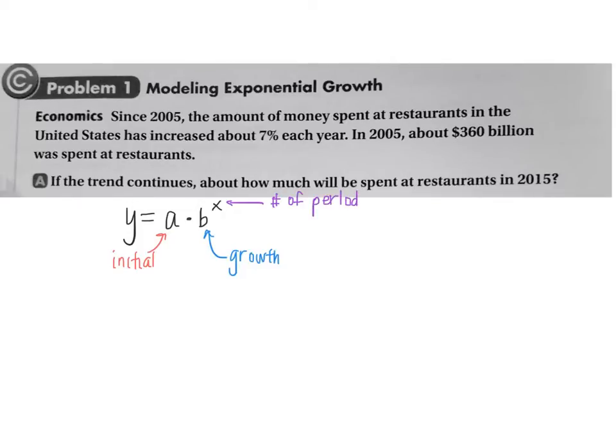Meaning, if it said it's growing this much every year, and they're asking for 12 years, you would put 12 where x is. So, we have to find all our information out of our problem.